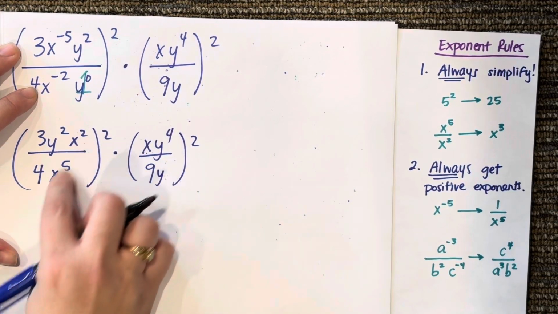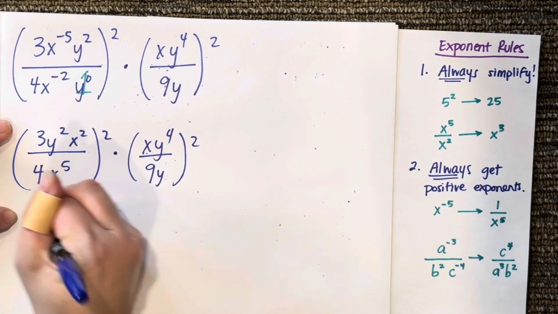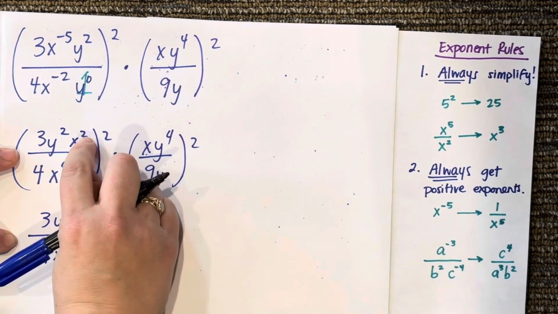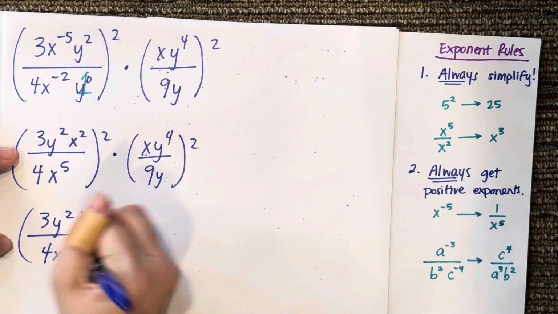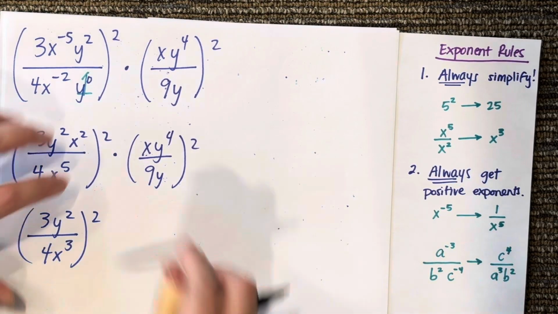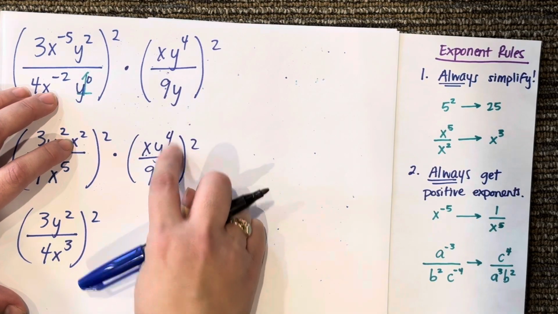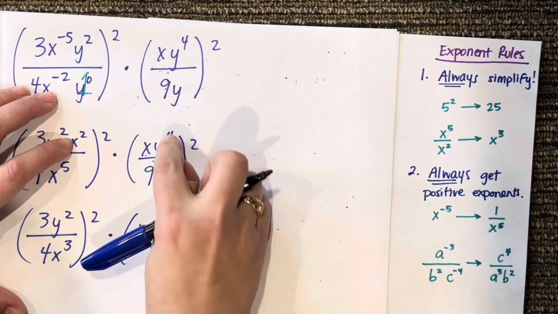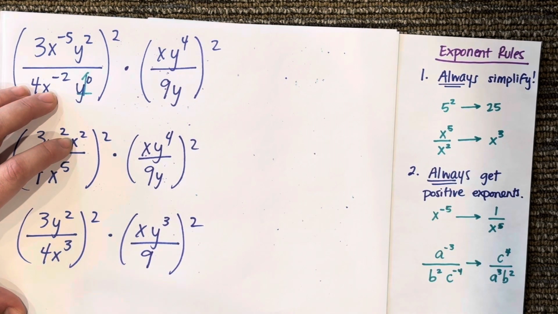Now I'm going to deal with my subtraction, because I've got an x squared over x to the 5th, so this will be 3y squared over 4x cubed, because 2 minus 5 is negative 3, so that x cubed is going to be on my denominator, squared. And same thing here, I've got a y in the denominator and y to the 4th on my numerator, so 4 minus 1, so I'm going to get x y to the 3rd power, divided by 9 squared.